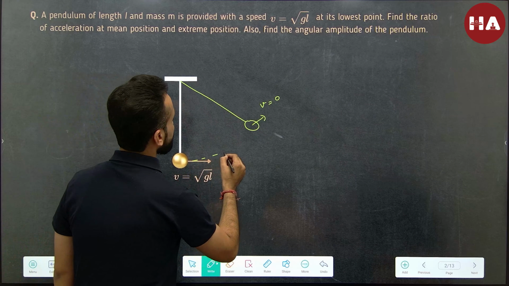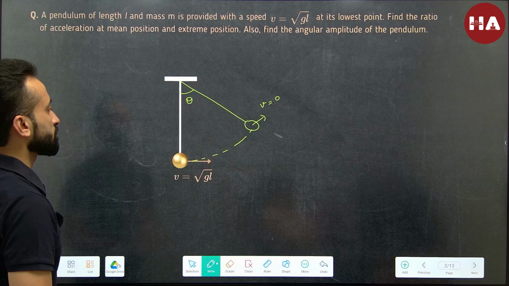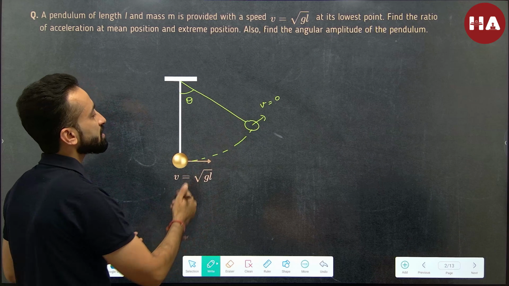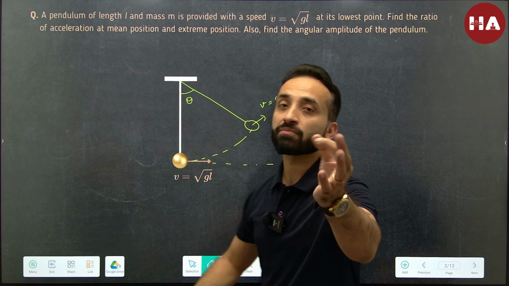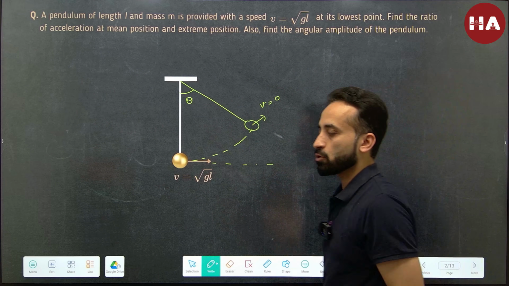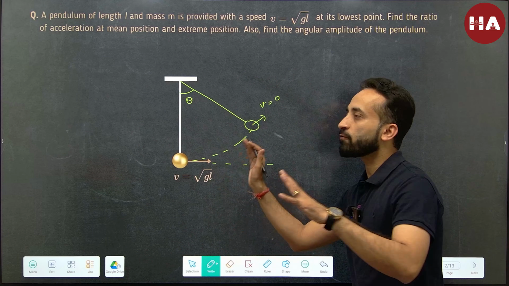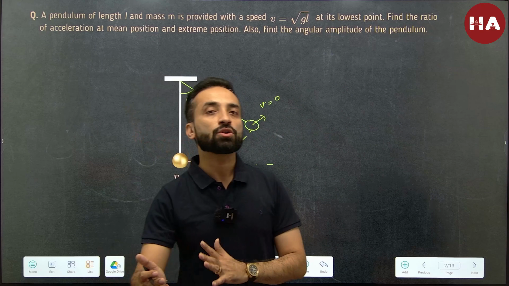Alright, so let's say it rises up to an angle of theta. Now the first thing is that we can estimate this height. How? By using conservation of energy. This is something that you should have learned in your previous classes, that when there is no friction, no air resistance, then there is always a conservation of energy.